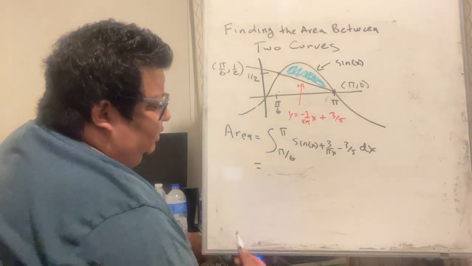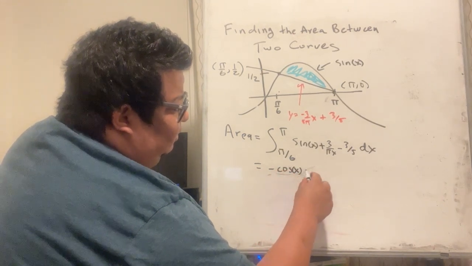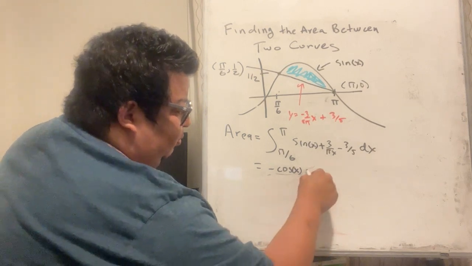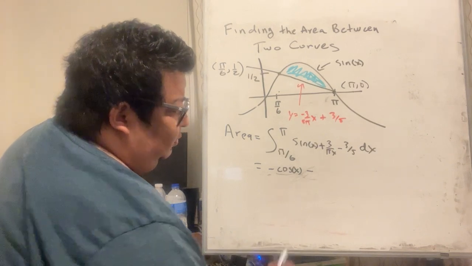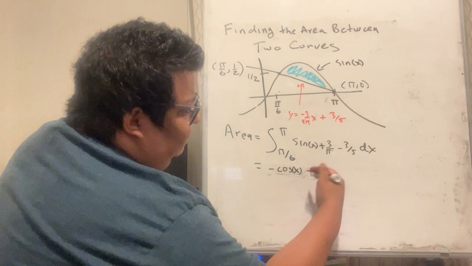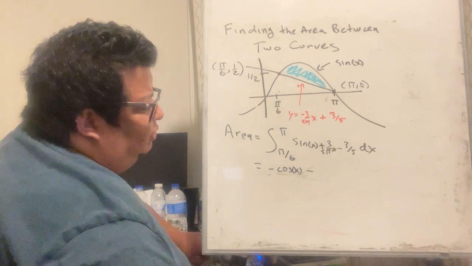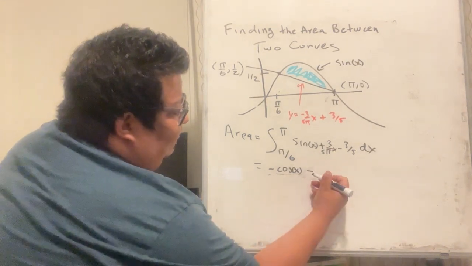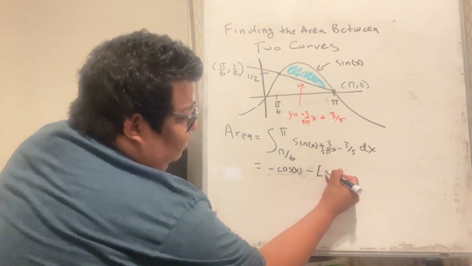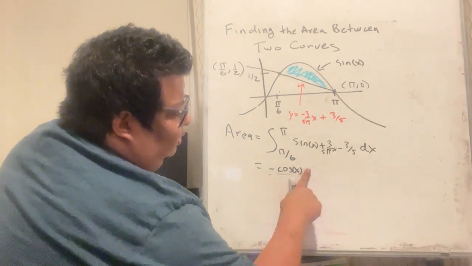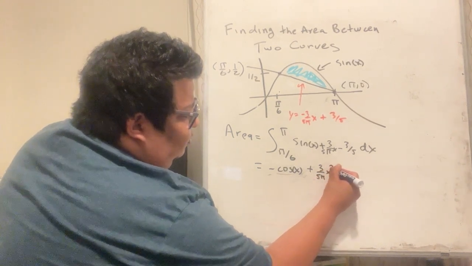Now we integrate. That becomes negative cos x, minus, and let's distribute already, so this becomes positive 3 over 5 pi times x squared over 2.